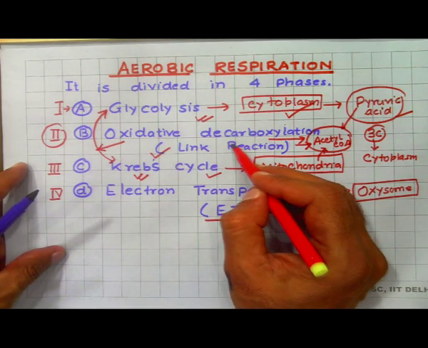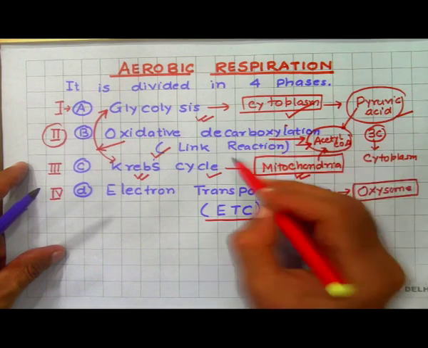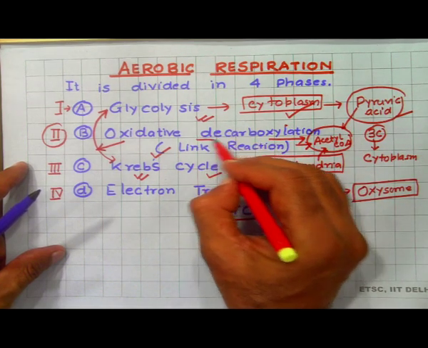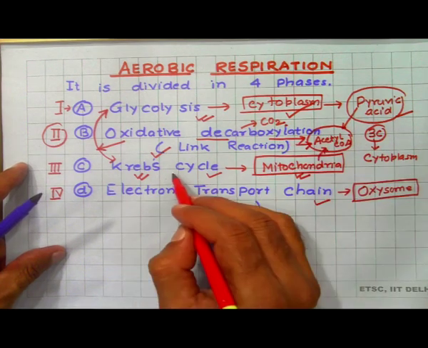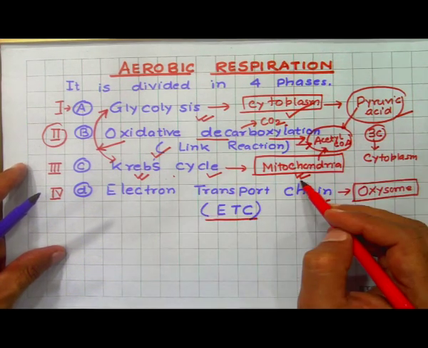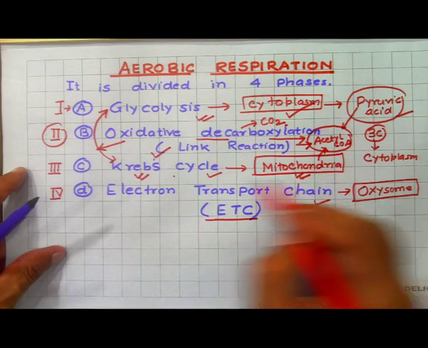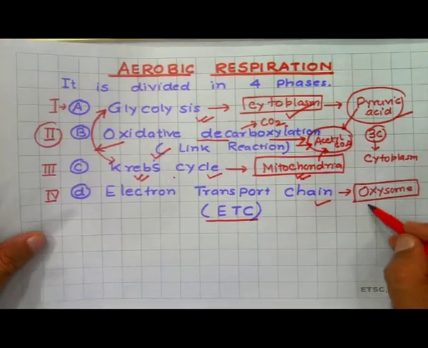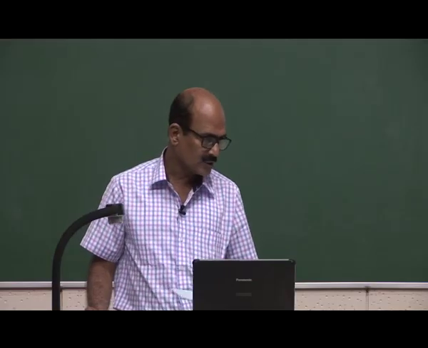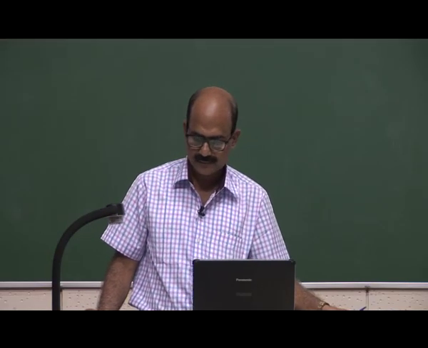Here the decarboxylation process occurs. In decarboxylation, as the name indicates, there is release of carbon dioxide. In Krebs cycle, acetyl coenzyme enters into the mitochondria and Krebs cycle occurs. Then in oxysomes the electron transport chain and oxidative phosphorylation take place.